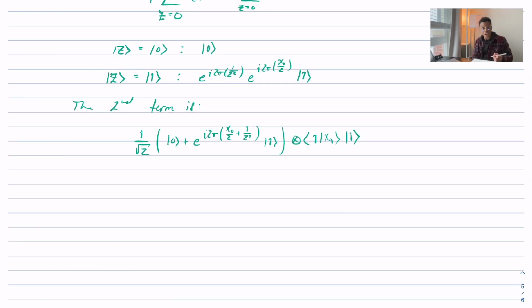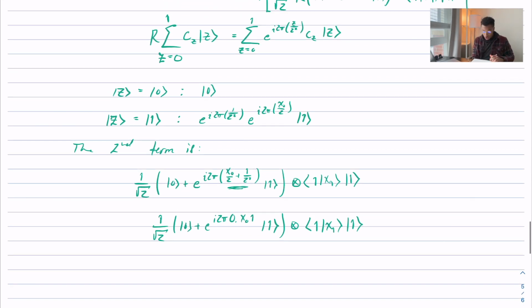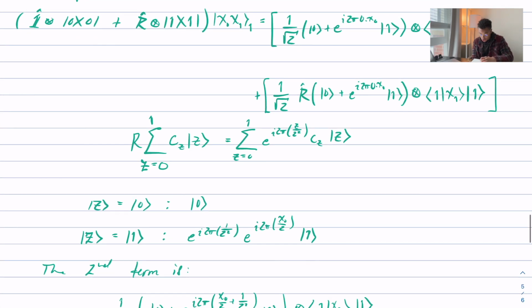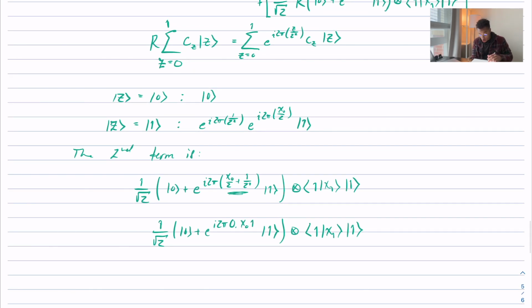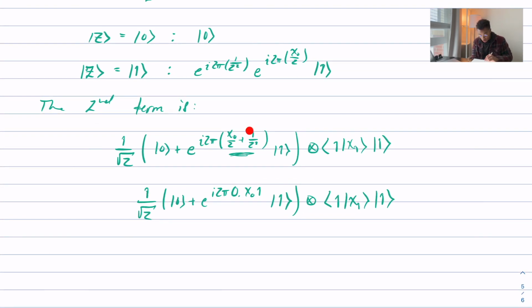but then if we use our binary fraction expansion, then we know that this term in the exponent can be rewritten as, and so if we were to look at the first term, we get a similar output, but in that case, the second term in the sum here would be 0.